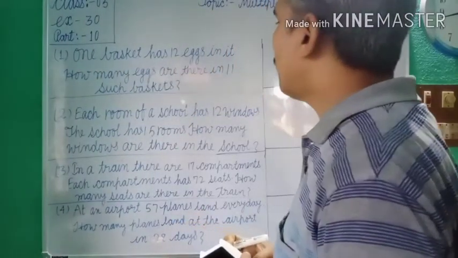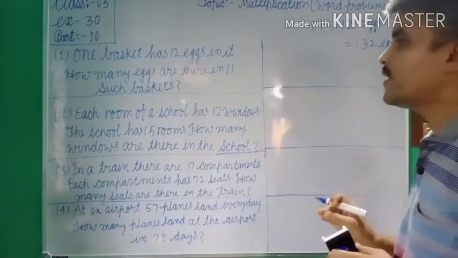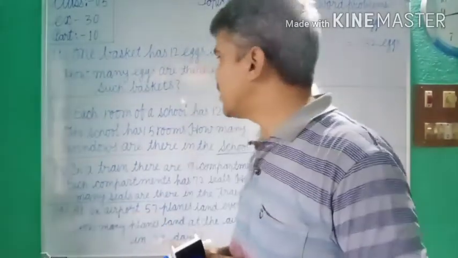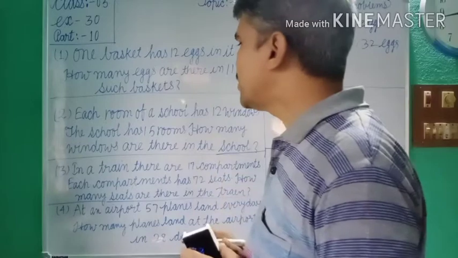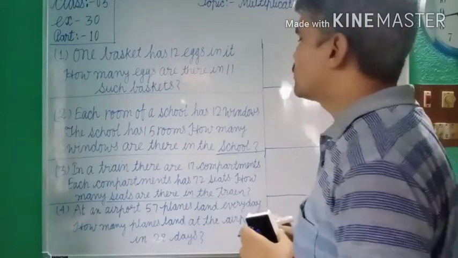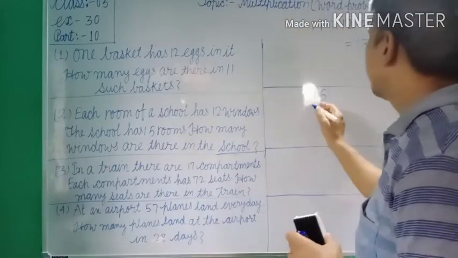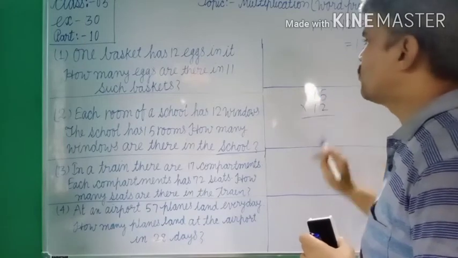Second question: Each room of a school has 12 windows. How many rooms in the school? 15 rooms. You write 15 rooms. One room has 12 windows. So how many windows in the school? You multiply 15 by 12, because one room has 12 windows.